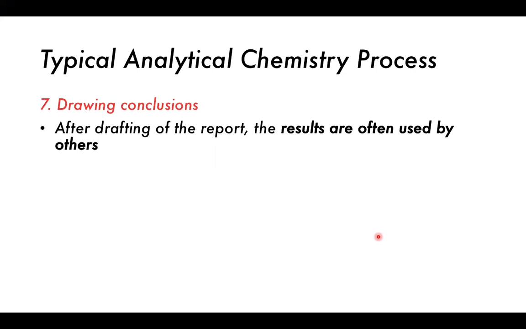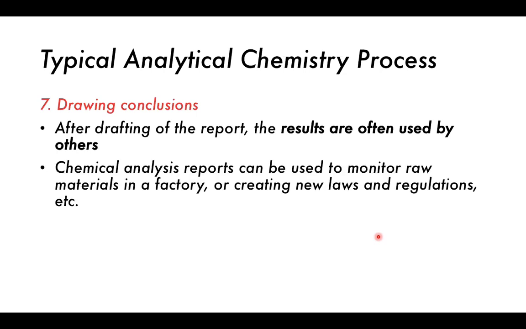It could be utilized by marketing executives, by people involved with import and export, by people managing the raw material supplies for a factory. It could even be used by lawmakers and regulators to come up with new regulations on, for example, food safety or chemical purities and things like that.